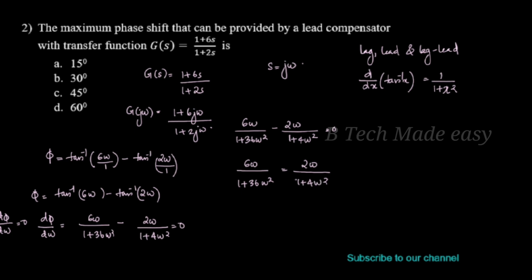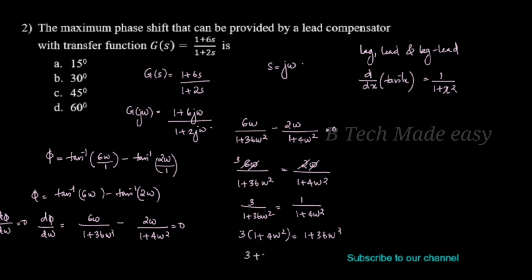You have to solve this. The ω cancels on both sides, and 2 and 6 cancel to 3. So 3/(1 + 36ω²) = 1/(1 + 4ω²). Cross multiply: 3(1 + 4ω²) = 1 + 36ω². On solving this, we have to find out the value of ω.